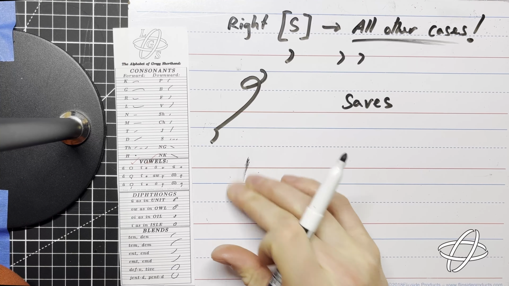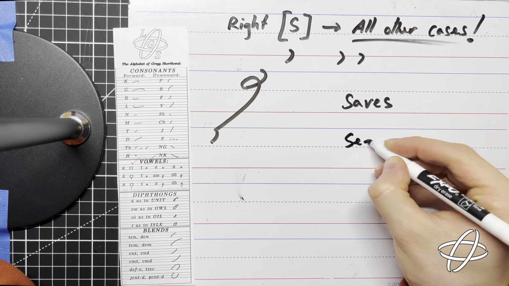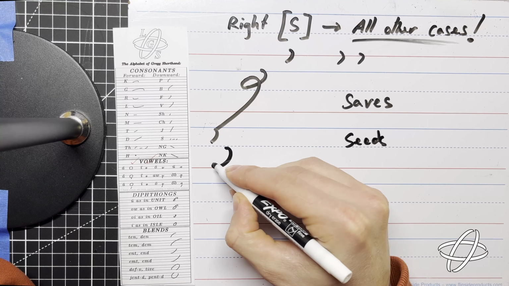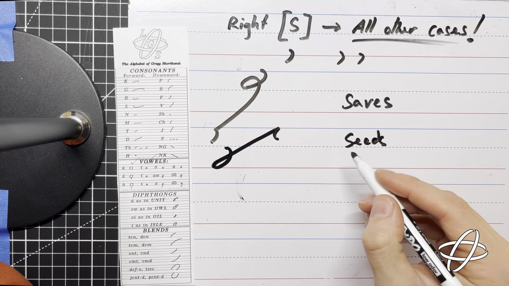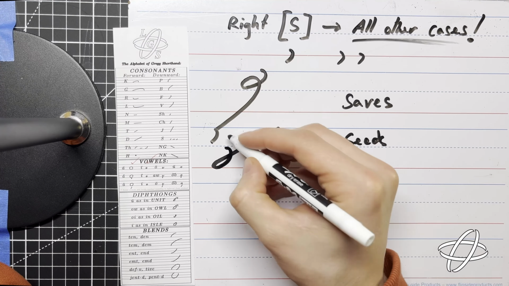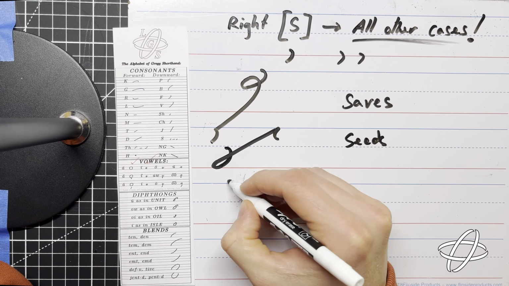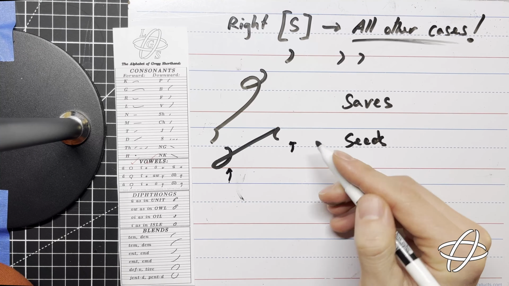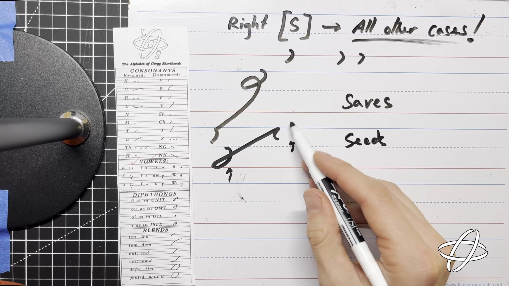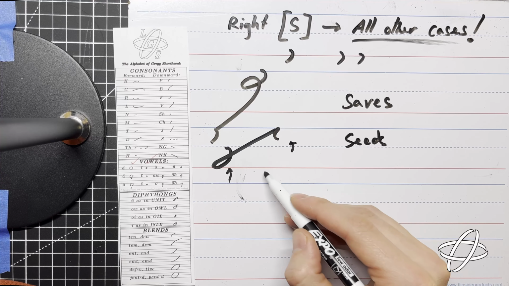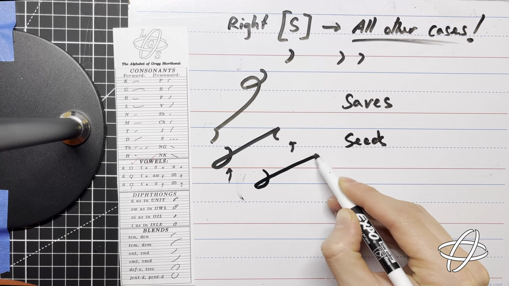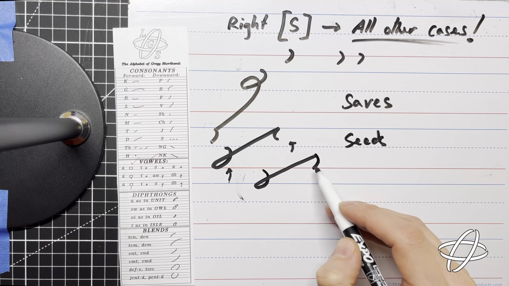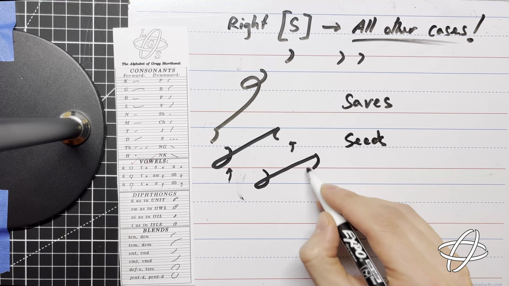Okay, so that's saves. Let's do the word seeds. Seeds. So S-E-D-S. So in this case, we have a combination of a right motion S here and a left motion S. So remember from the previous rules, D is one of the strokes where you would use a left motion S. And the more you start to read Gregg and practice it, you'll never see a case, at least with experienced Gregg Shorthand writers, where they write the S like this.